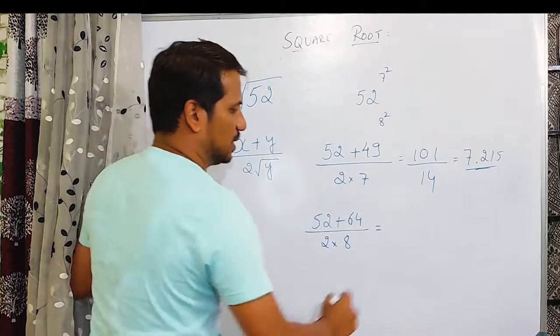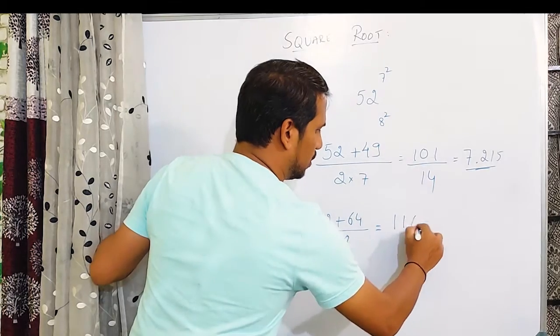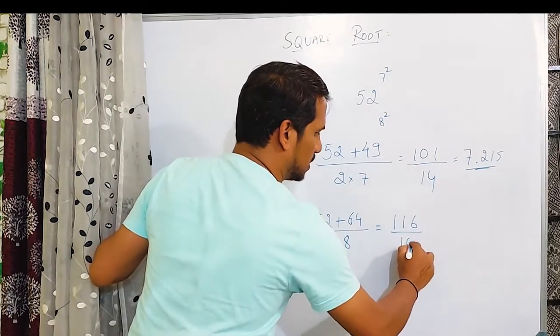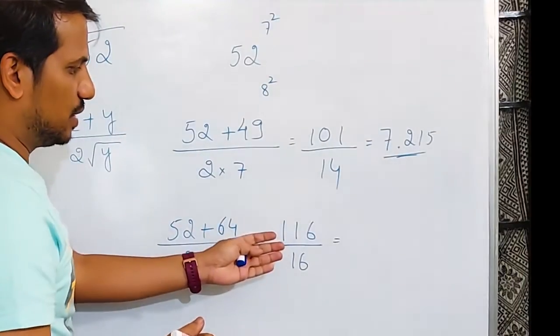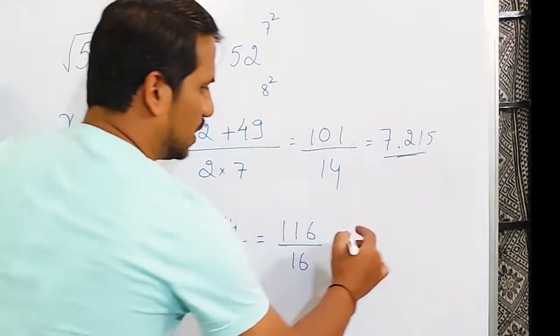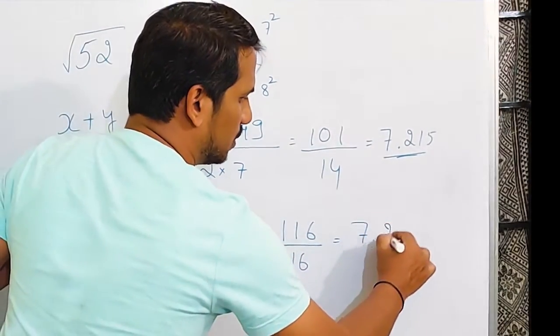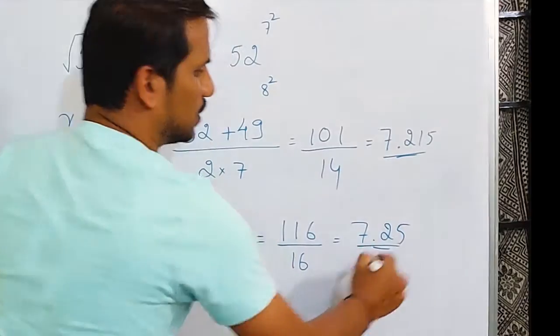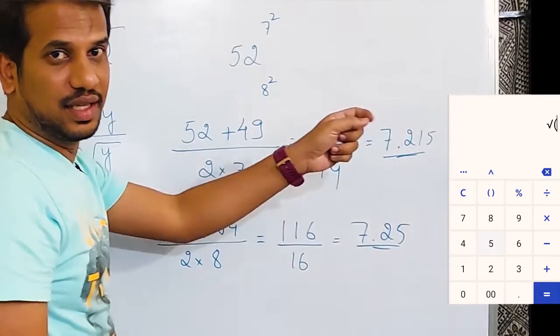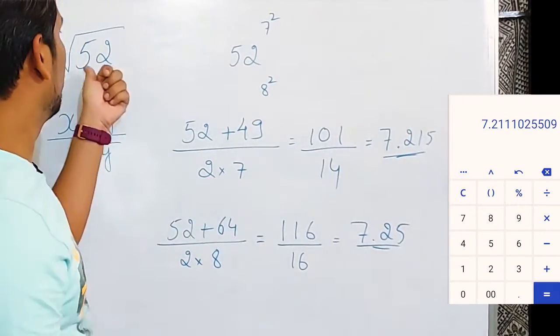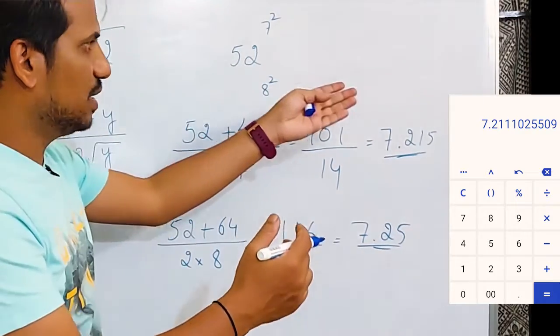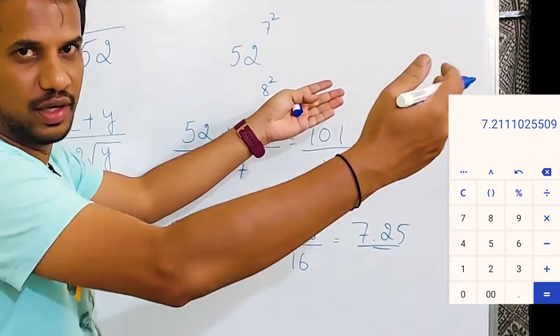So this is nothing but 116 divided by 16, it's around 7.25. In the calculator you can see the exact square root of 52 is approximately 7.211 something.